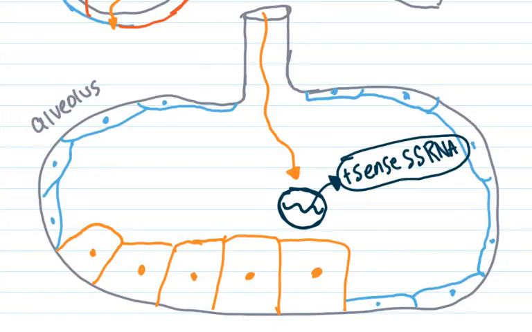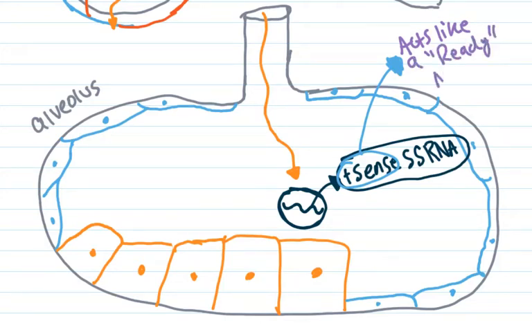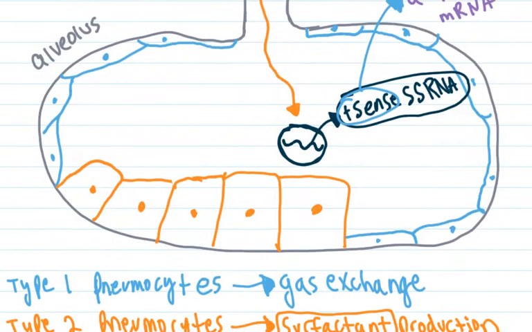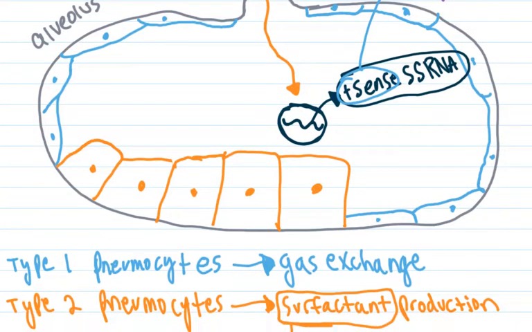So if you see the words positive sense RNA, just think of a ready-to-go mRNA that's trying to get translated to a protein. So how is it going to enter this type 2 pneumocyte?